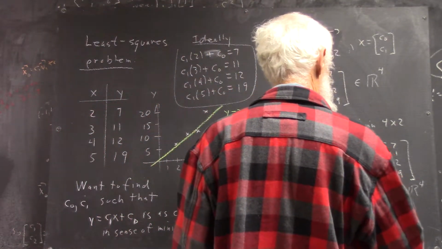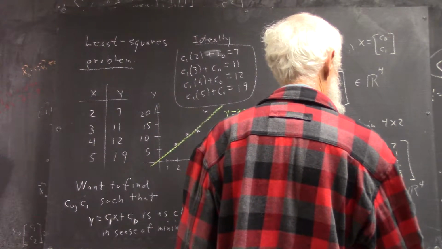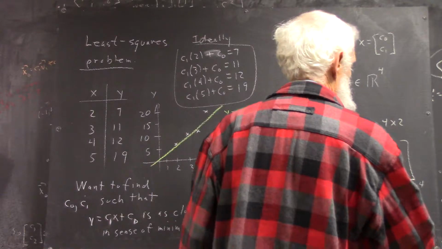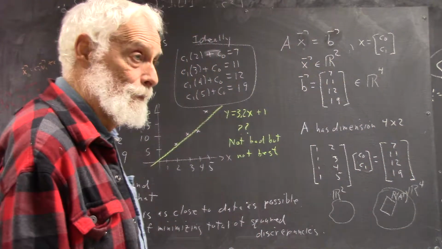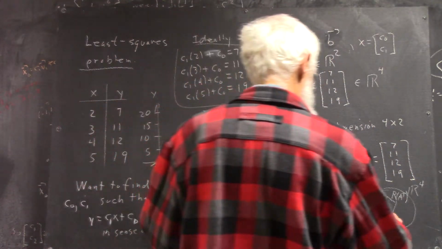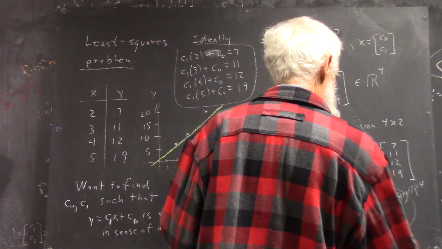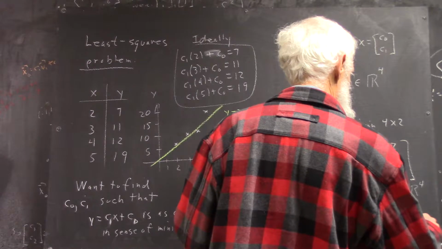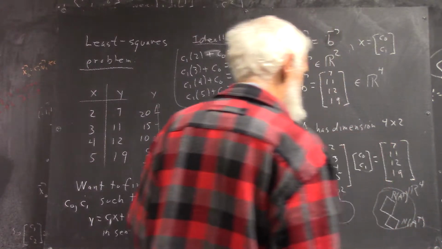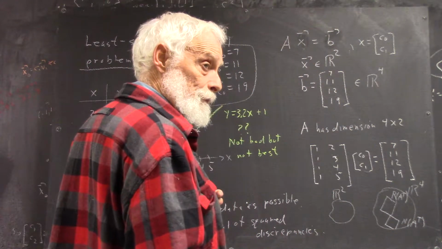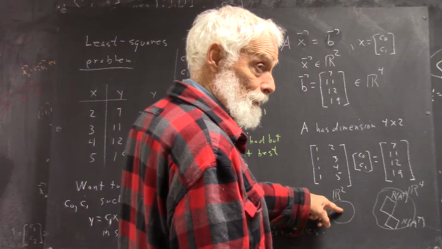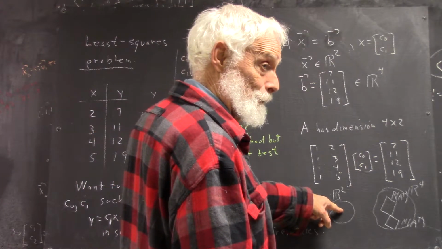You've got your image space, and you've got certainly a non-zero null space over here. You might not have a null space over here. Okay?